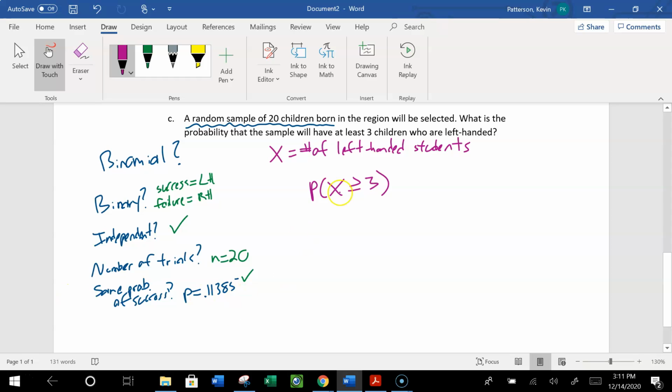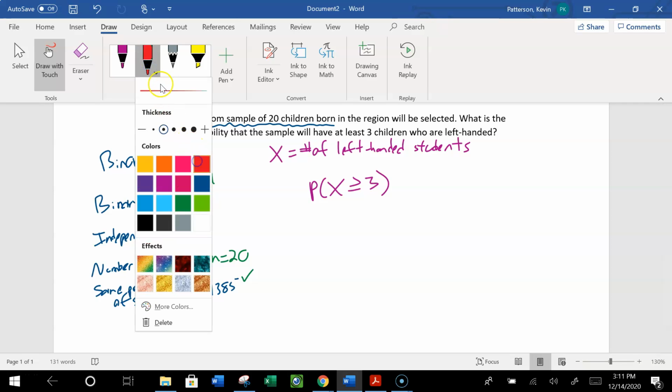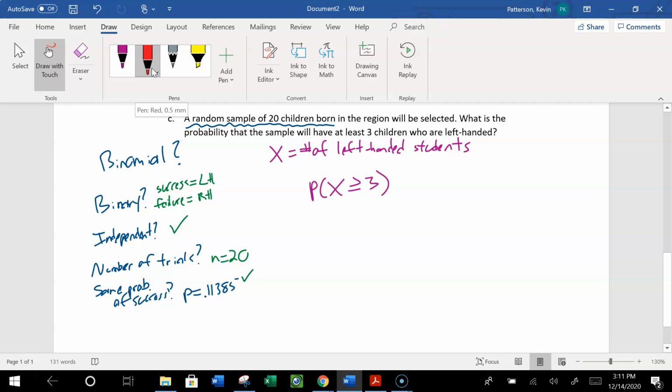So we actually have to take the inverse of this, the exact opposite, and subtract it from 1. What I mean by that is the probability that X is greater than or equal to 3 is the same exact thing as 1 minus the probability that X is less than or equal to 2. It's the complement.